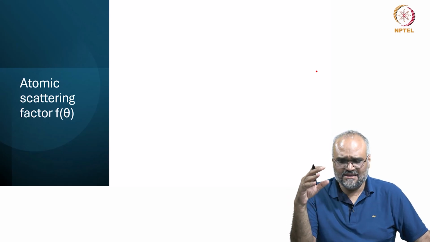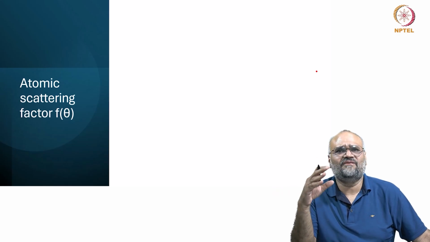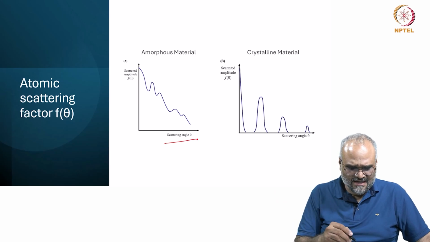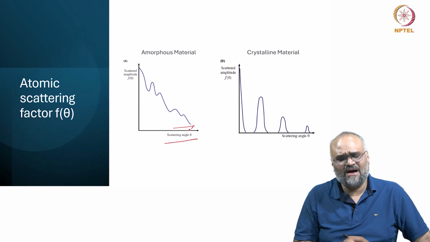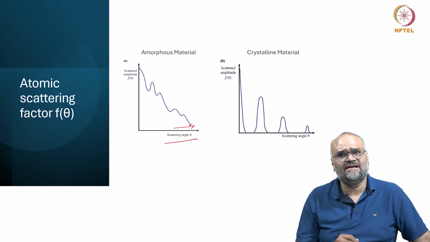So moving on, when I have a crystalline sample, I would get amplitudes from the unit cell or from the crystal with a varying intensity as a function of the angle of scattering. If I have an amorphous material, I would have some random variations in the intensity, and as I go farther away from the principal axis of the microscope, the intensity eventually dies out.